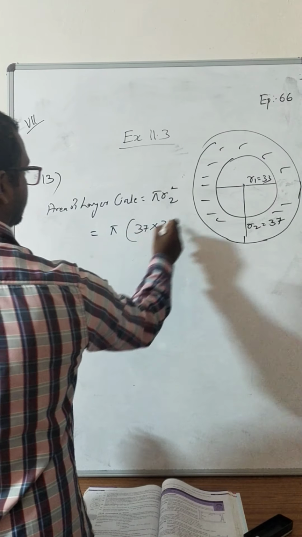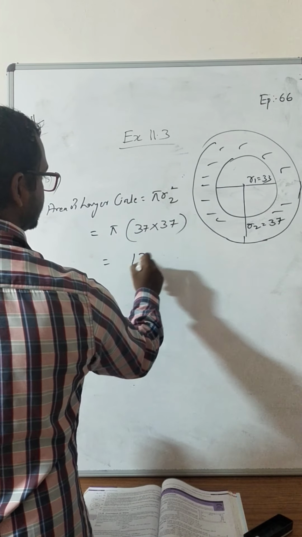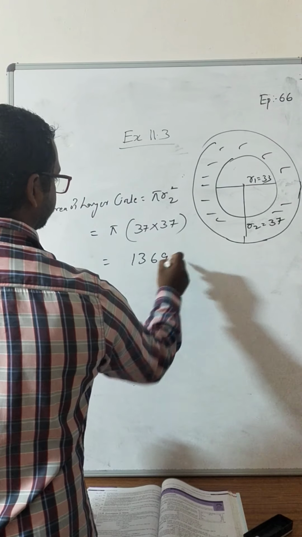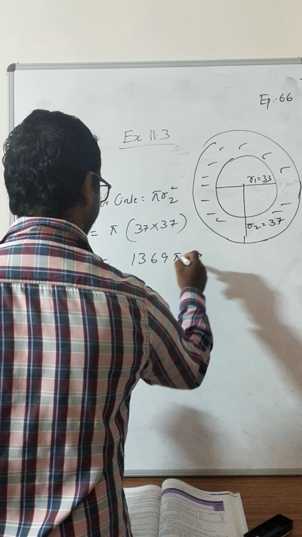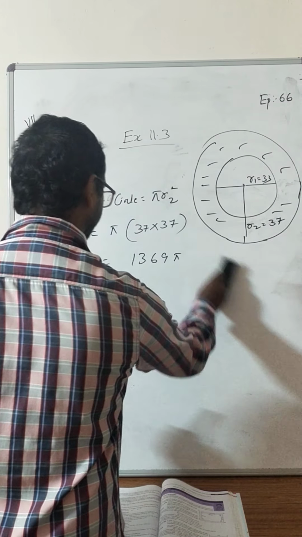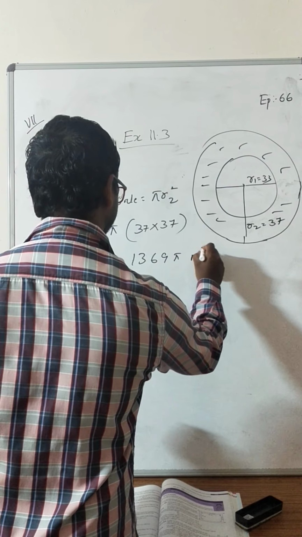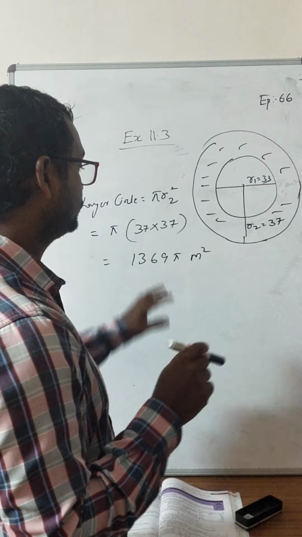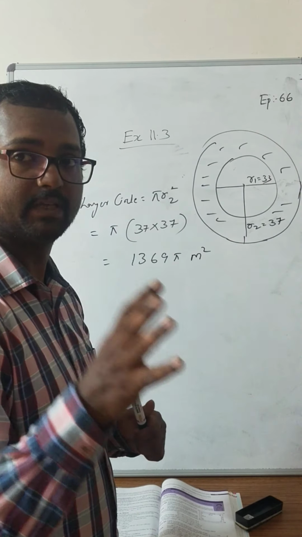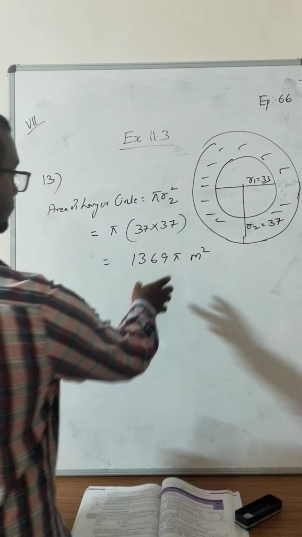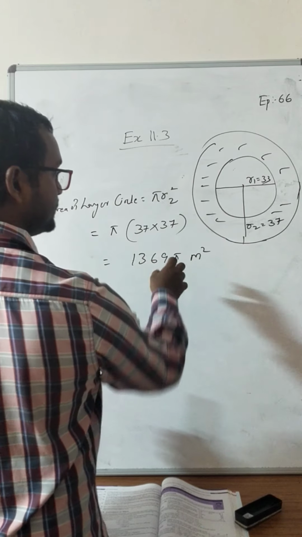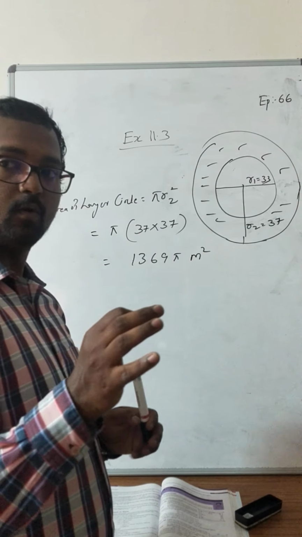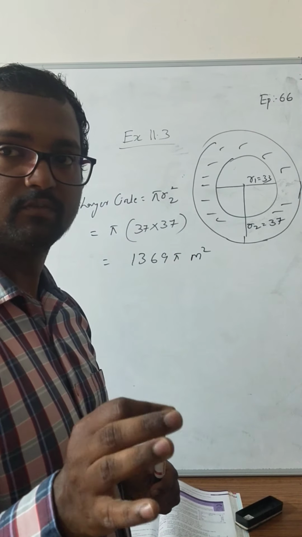So we get 1369 pi meter square. This is the area of the larger circle. Now I will tell you the reason why I have kept it as pi. If we keep it as pi, this will reduce the complexity of calculation.